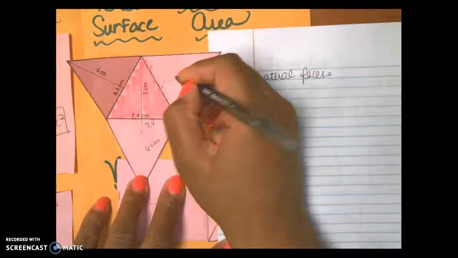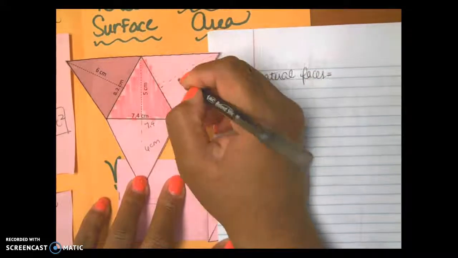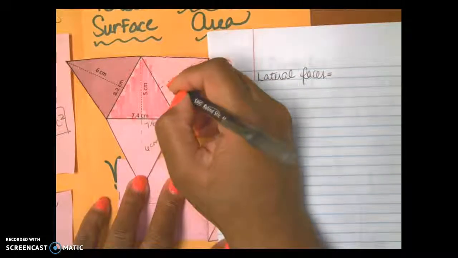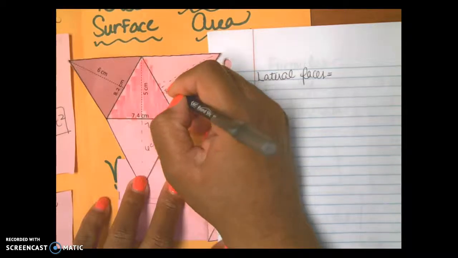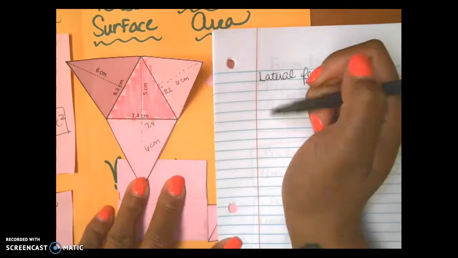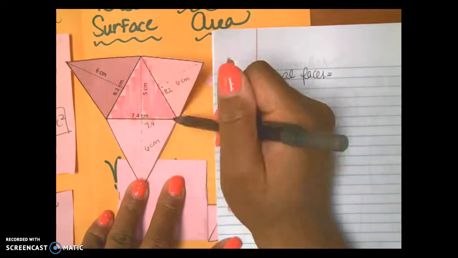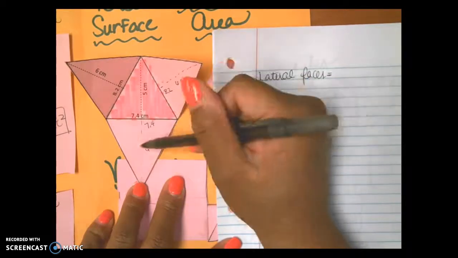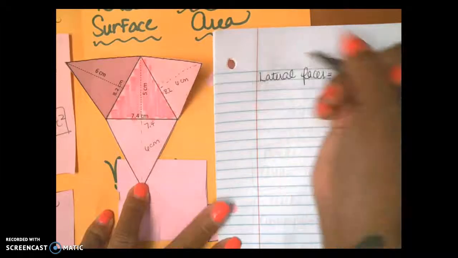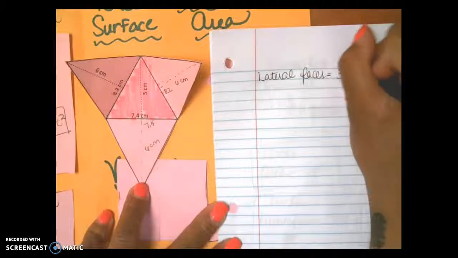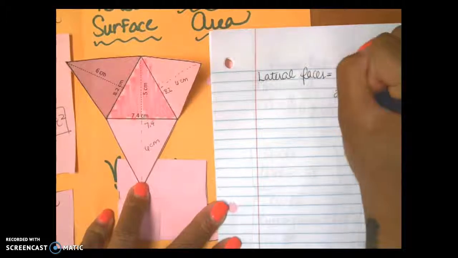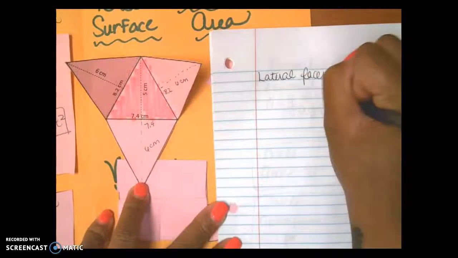This one has 6 centimeters, and this is 8.2 as the base. This is an isosceles triangle, so that means 2 sides and 2 angles are the same. This one's just a little different. So I have 3 triangles. 2 are the same. 1 is different.